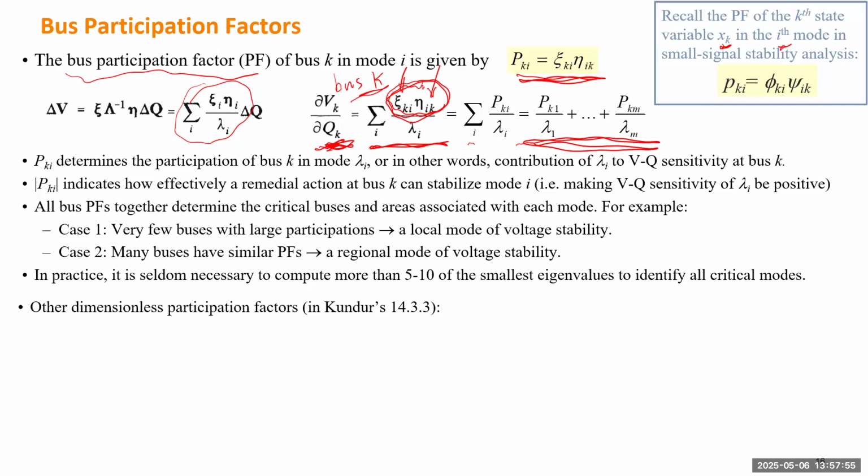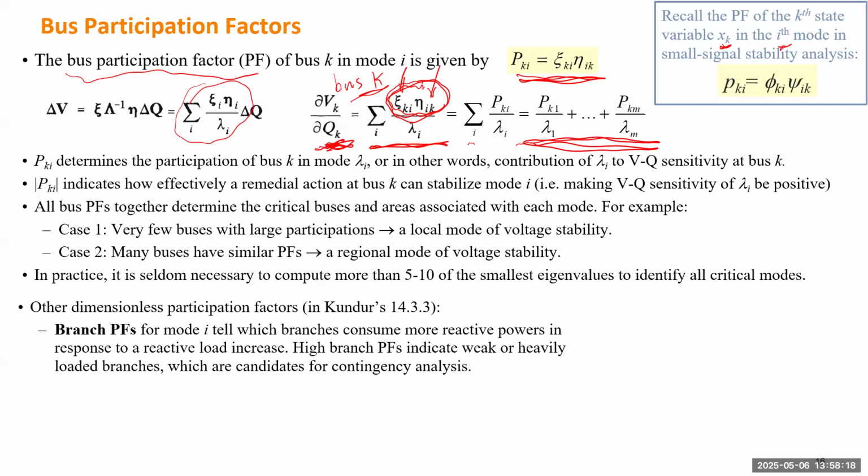If you want to add control to a bus, the bus participation factor definitely will be very useful. But if you want to add control through some transmission paths or some transmission line, or you want to identify which transmission line will be critical, you also need to define branch participation factor. If you want to use generators to do the control, you also need to determine the generator participation factor.